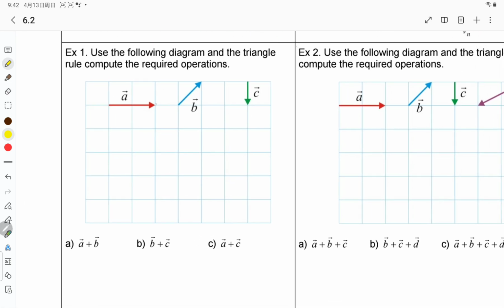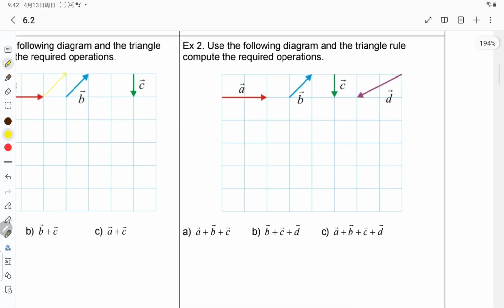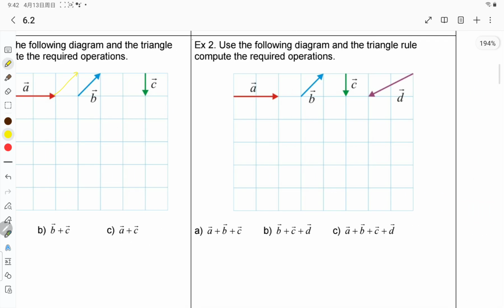We just keep drawing this, like A plus B is here. We just piece them together. And the following diagram, the triangle rule, we just keep traveling, right? So A here, and then B travels to here, and then C we further travel down to here. Okay, A, B, C. I think we're fine here.